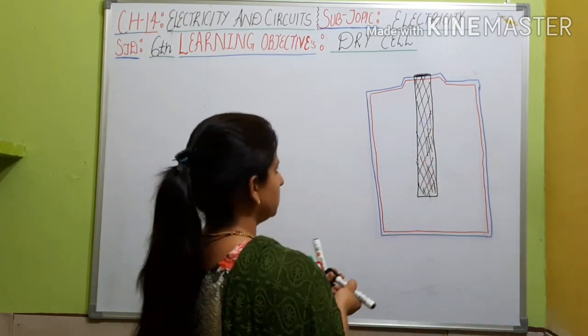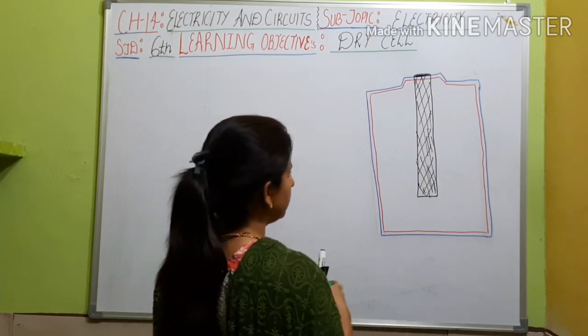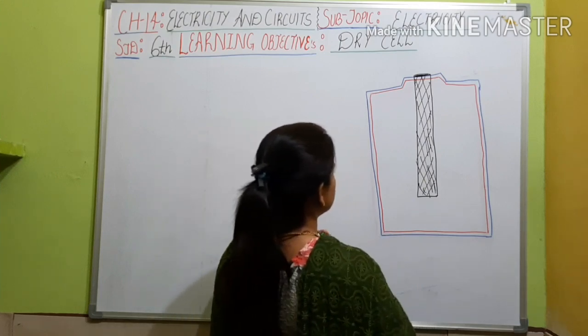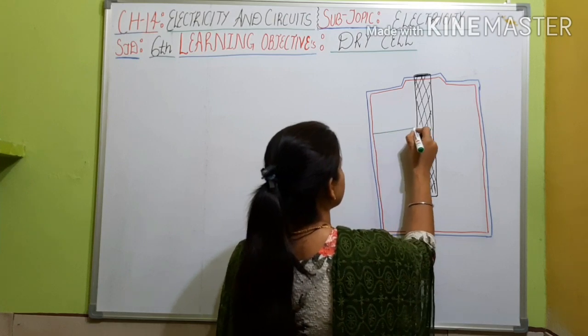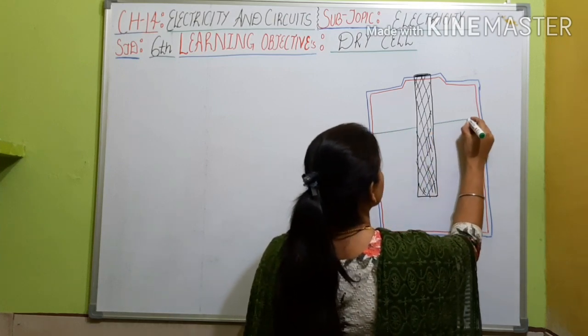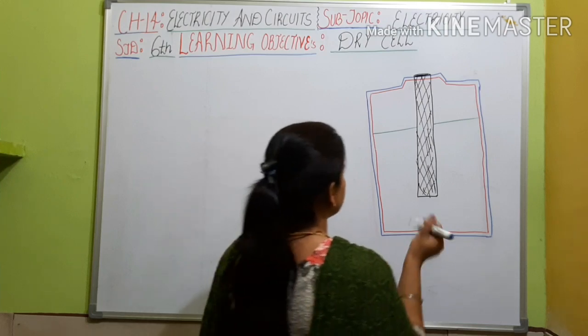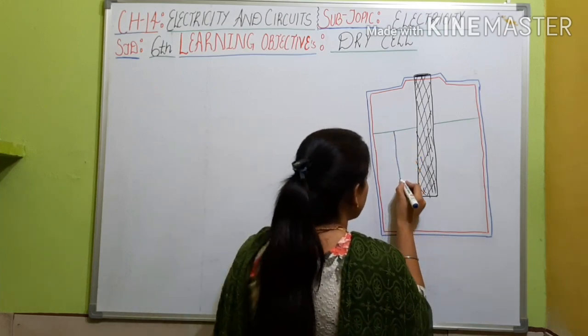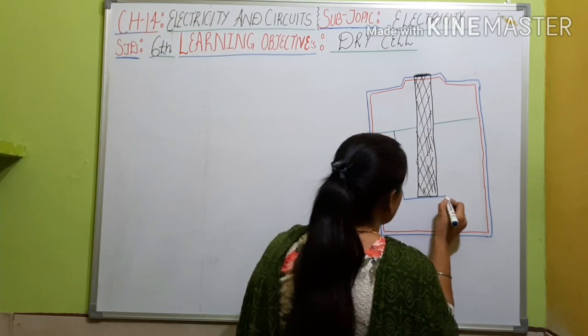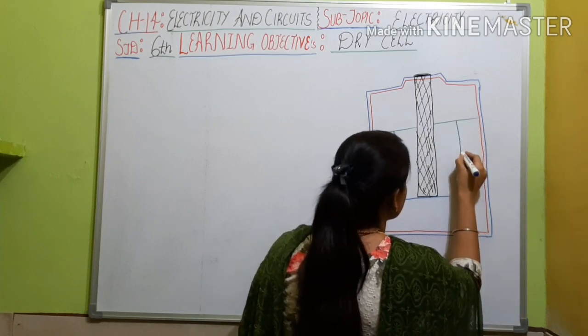One more chamber is there, where the electrolyte is present here, and it is also divided into two parts.